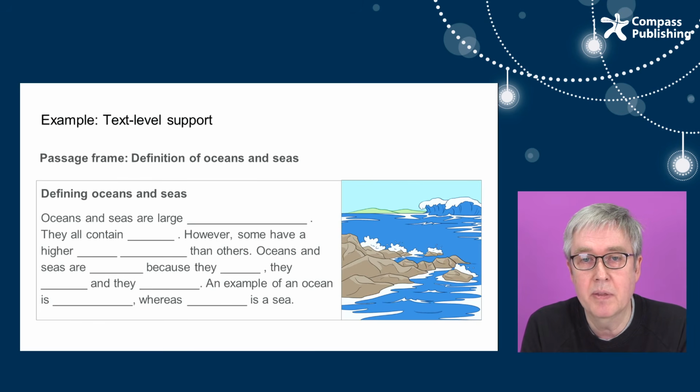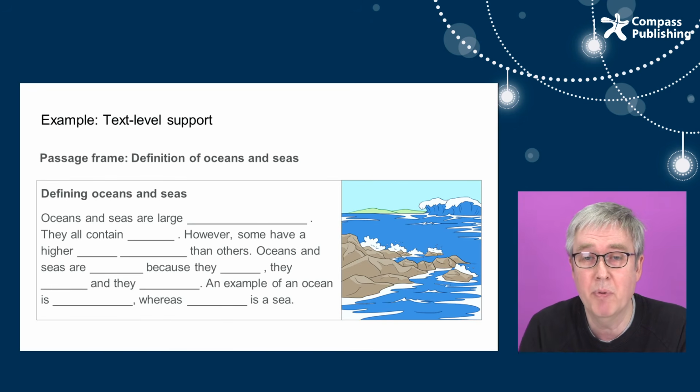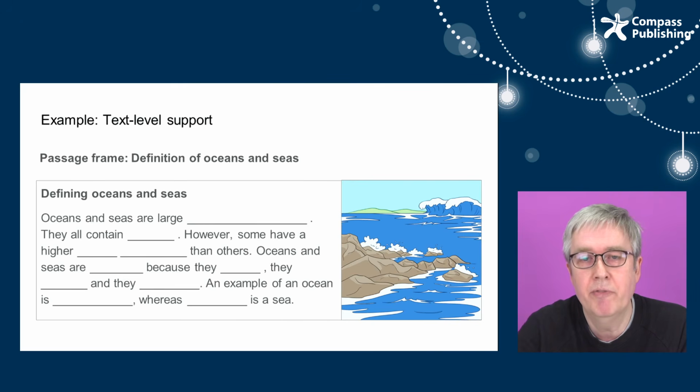This is a mistake that I see a lot of teachers making. They give the passage frame and they expect students to always fill that out. They don't give students room to step outside of that or to experiment beyond that. The problem there is what? If you're always giving them that frame, if you're always expecting them to write in the passage frame or the sentence frame, they'll never develop independence.